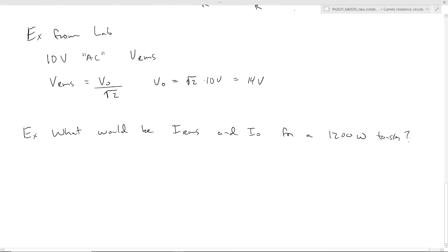So this question gives us another opportunity to just practice with this terminology and these simple definitions. So we know the average power is equal to VRMS squared over the resistance. And I should say, since presumably this toaster is plugged into a wall, this would be 120 volts RMS.